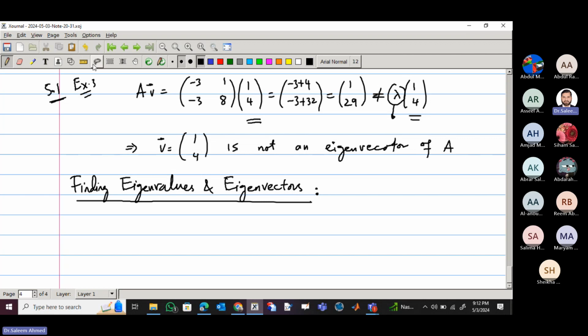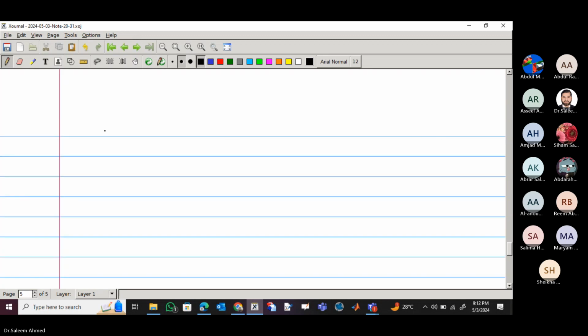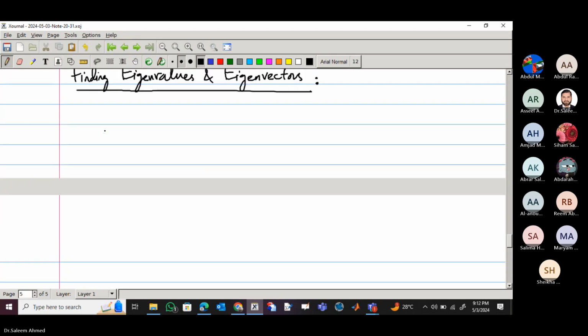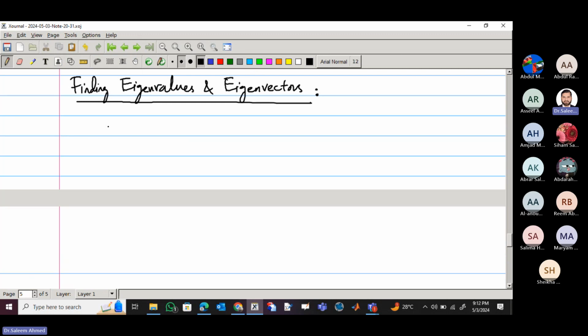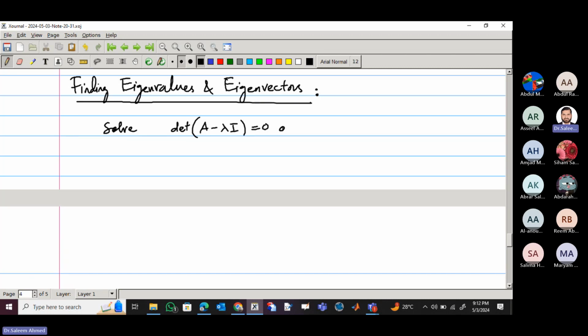So first thing is, if a matrix A is given, we solve the determinant of A minus lambda I and put it equal to 0.